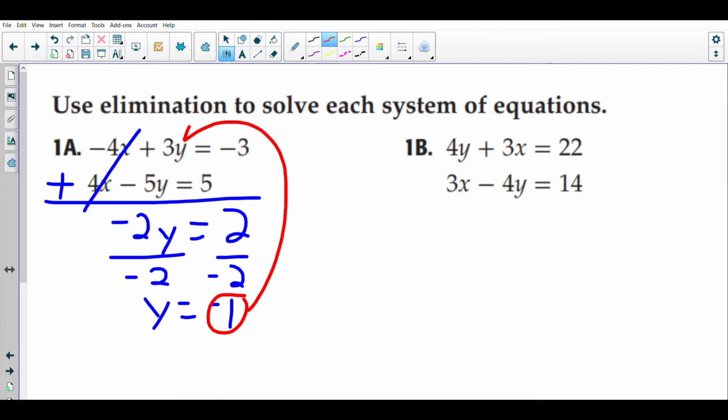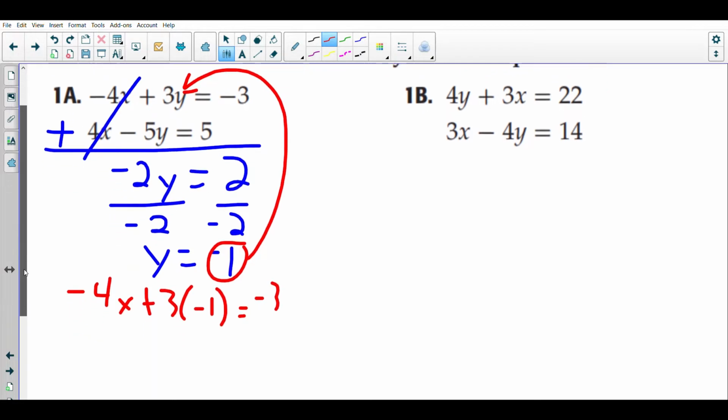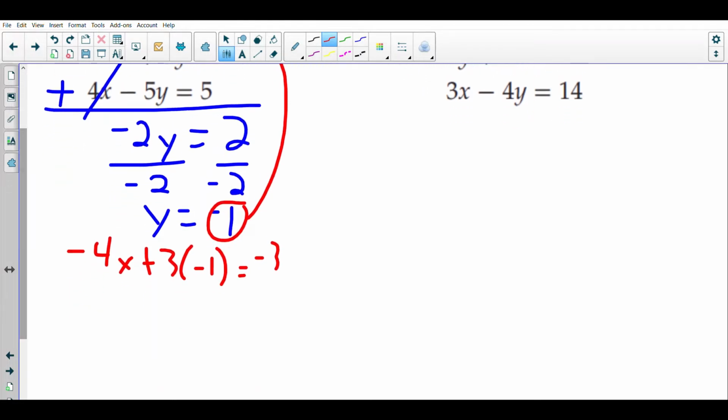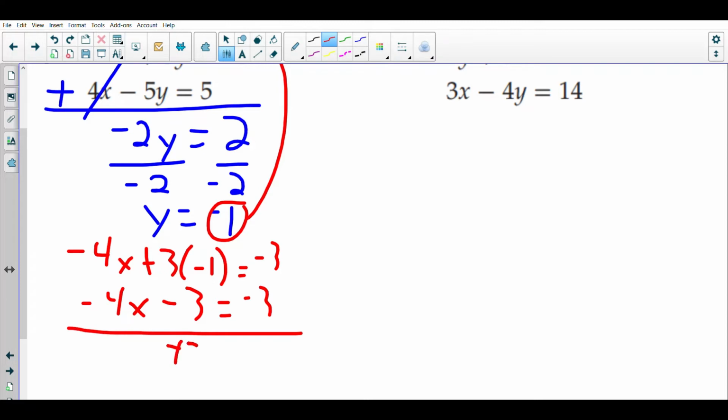So from there I get -4x plus 3 times -1 is equal to -3. So then I get -3 here. So I have -4x minus 3 is equal to -3. So I'm going to add 3 to both sides.